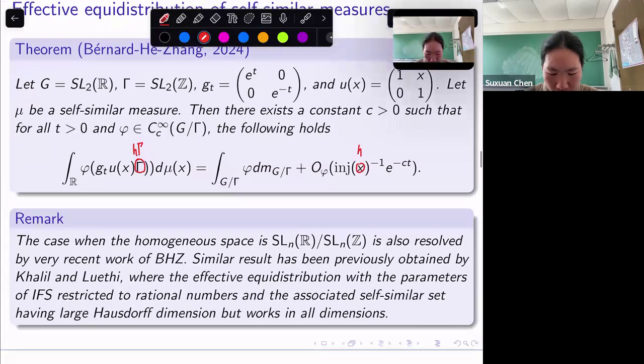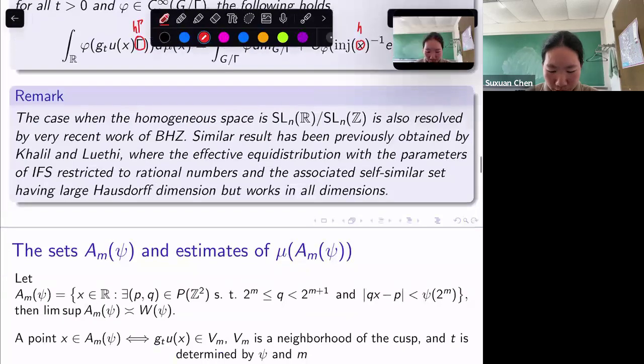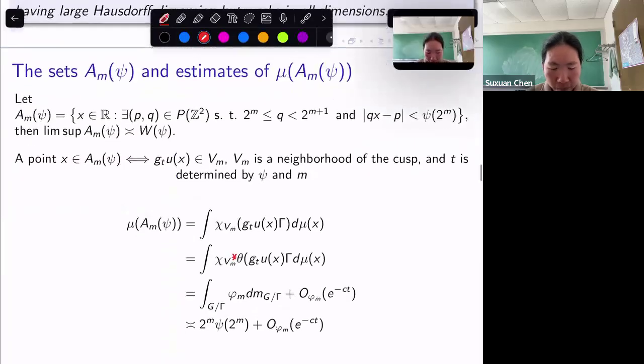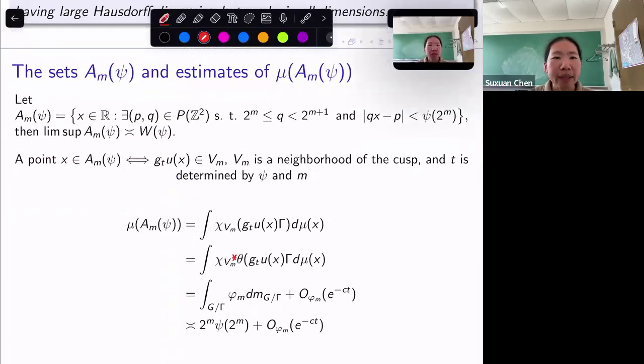Okay, and now let's go to the proof part. To do the proof, first we introduce some sets, and we will use these sets to approximate psi-well approximable numbers.